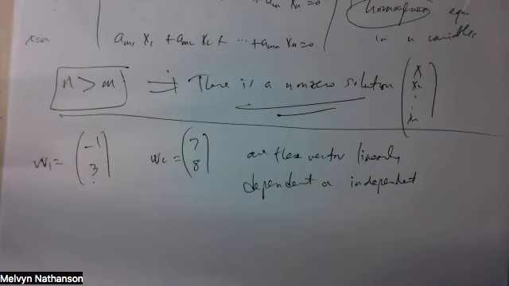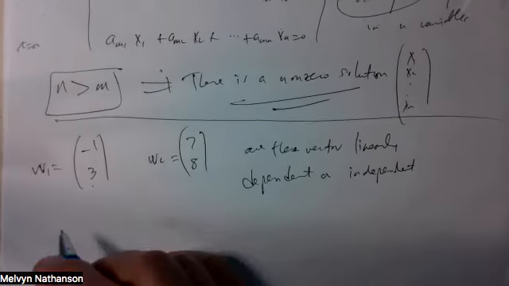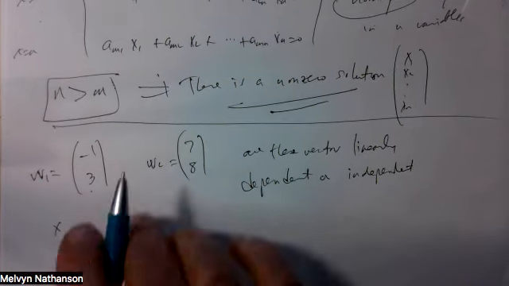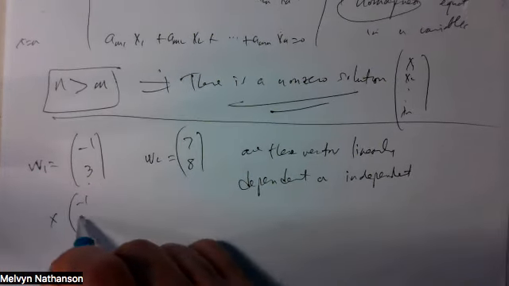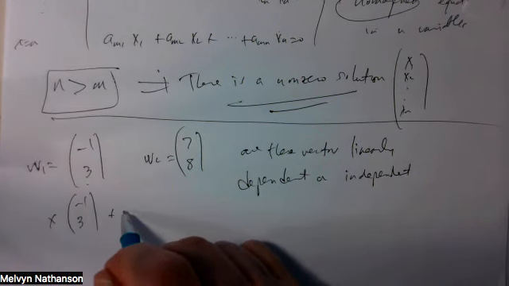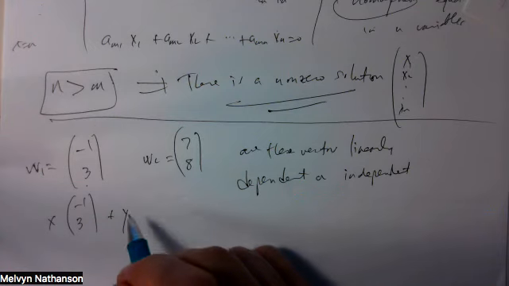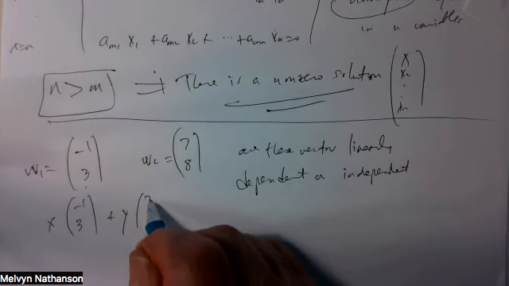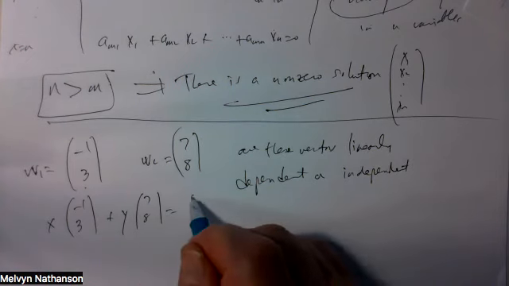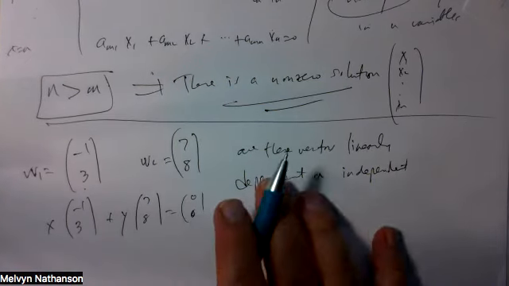So can someone tell me if these vectors are dependent or independent? Let's see. How would we know? Well, we have to look at linear combinations of the vectors. Let me use x and y for my variables, since there are only 2 variables. We want to know what pairs of numbers x and y satisfy the property that this linear combination of the 2 vectors is the 0 vector, right?